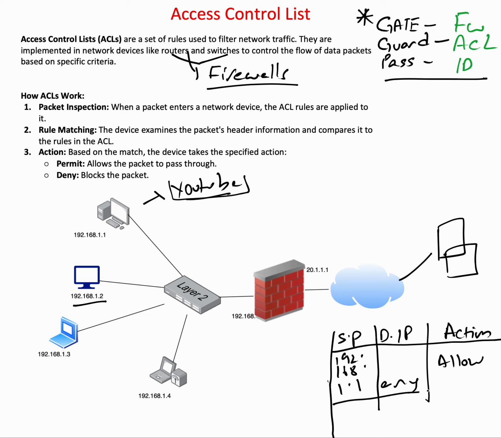And for this, we have a different policy: any, 192.168.1.2, deny. Ideally, this will not be the case that we would not let him access anything through the gateway, but just for this example, we'll not let him access anything out of the network.